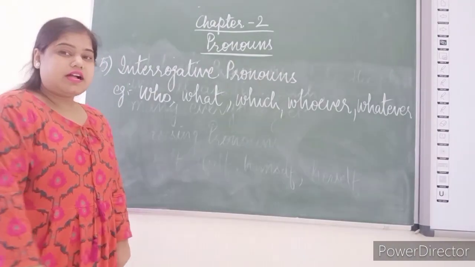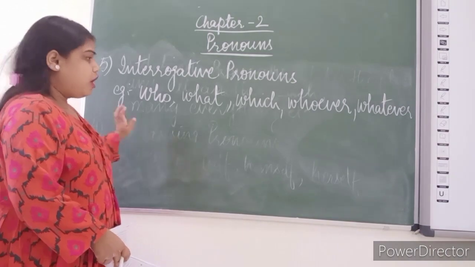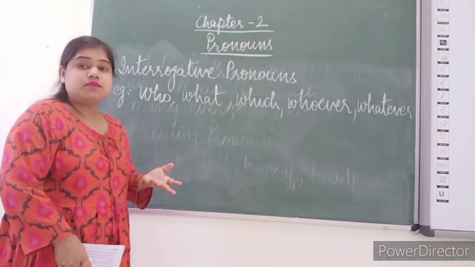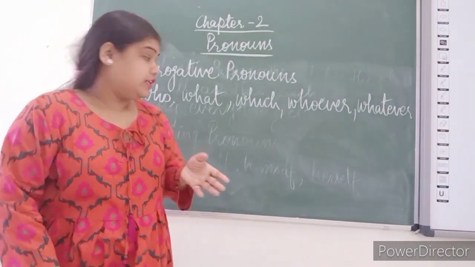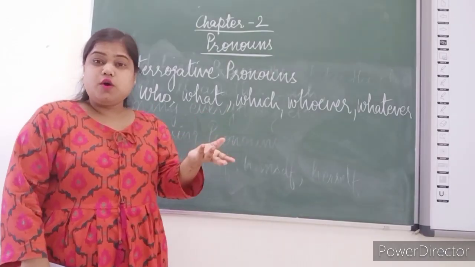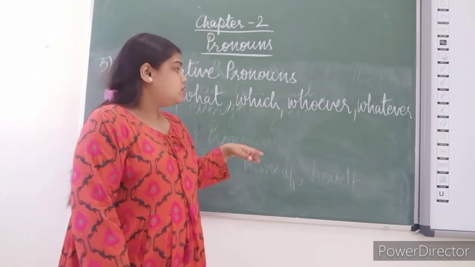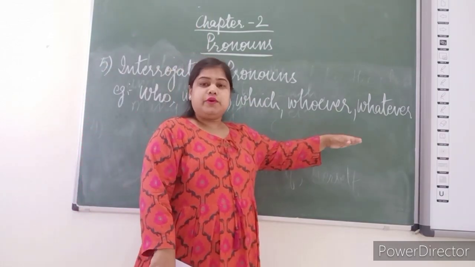Let's move to another kind, that is interrogative pronouns. In interrogative pronouns, all the words which ask a question like who, what, which, where, how, these are interrogative pronouns. It also includes whoever, whatever.